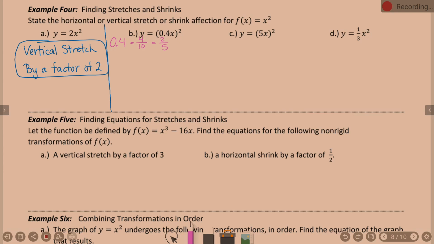Now, with that in mind, could I rewrite this instead of saying 0.4x quantity squared? This is an equivalent statement to say 2/5 x quantity squared. Equivalent statement? Yeah. I just changed my decimal of 0.4 to the fraction 2/5. Now, this right now is 2/5 times x, or x times 2/5.